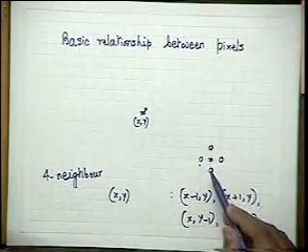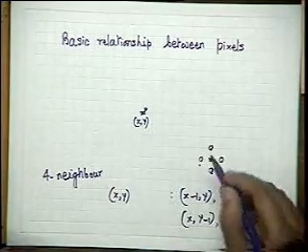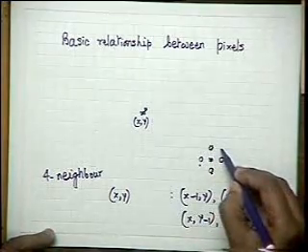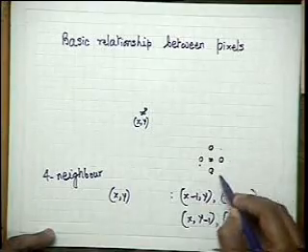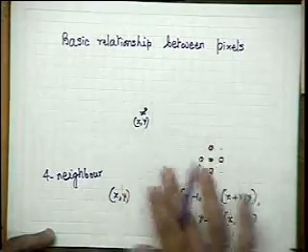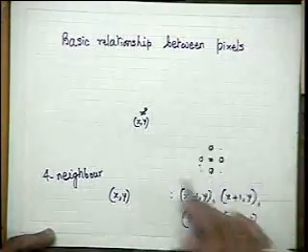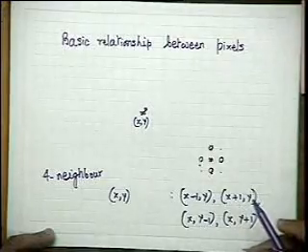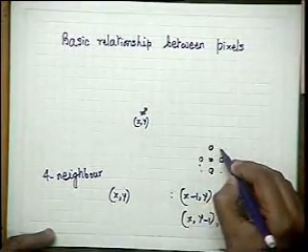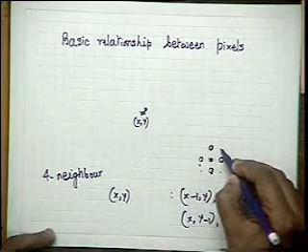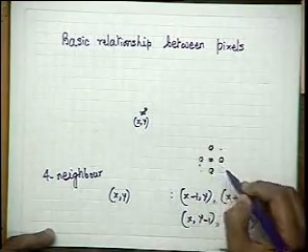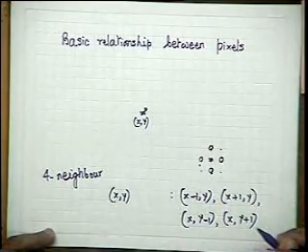Now, what are the other neighbors that this pixel can have? Obviously, this entire grid can be assumed to be filled with pixels, and we are not considering the diagonal neighbors in the definition of four neighbors.